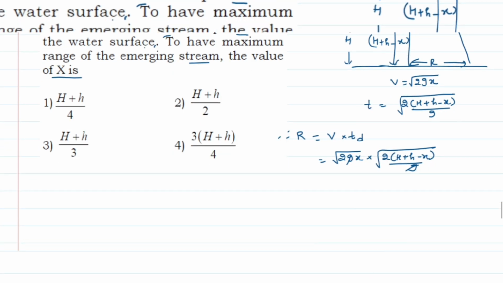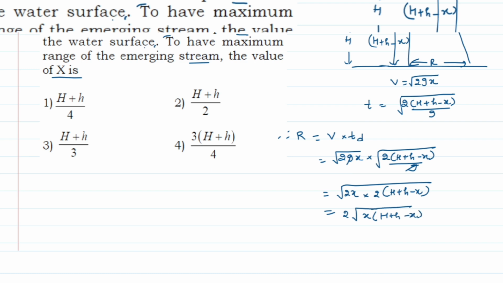Now taking 2 into x into 2 into (H plus h minus x), together if you take square root of 4 you will get 2 into square root of x into (H plus h minus x).